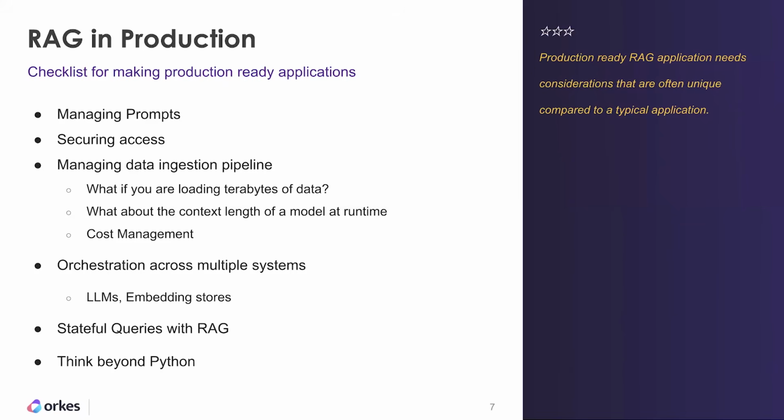The third piece is, how do I actually manage the ingestion pipeline? When you think about ingesting data, as I mentioned, maybe you are indexing 10 documents or 10 billion documents. And this becomes a lot more challenging at a high scale, right? Maybe multi-gigabytes, terabytes of data that you are ingesting.